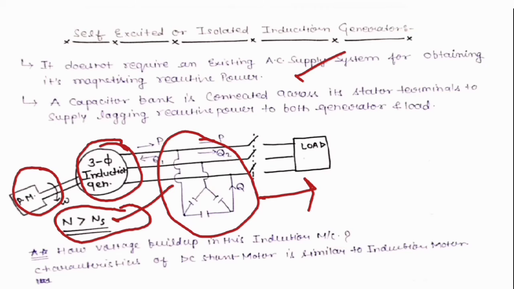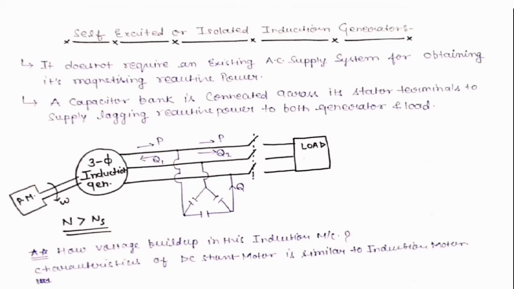So what is the difference from the previous one? The difference is only that this reactive power is not supplied by the bus bar or any transmission line. That means we have to arrange it externally.